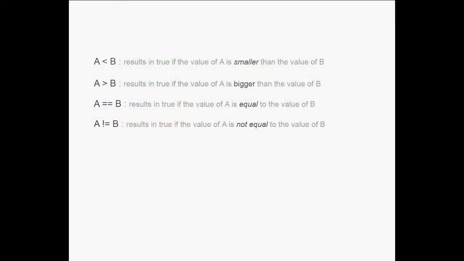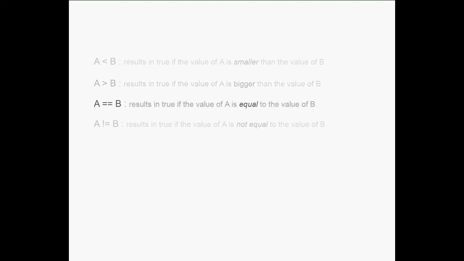There are certain types of comparator operators that result in Boolean values. These are smaller than, bigger than, equals, or not equals. So if we have A smaller than B, that will result in true if the value of A is smaller than the value of B. Then A bigger than B results in true if the value of A is bigger than the value of B, logically.